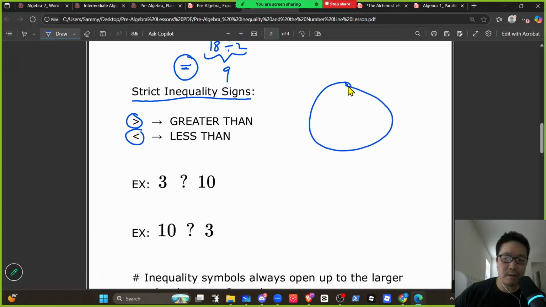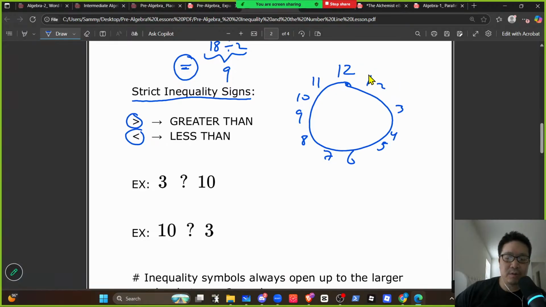Not the digital clock on your watch or your phone, but a regular circular clock on the wall. We have 12 o'clock right here. That's where we start. We have 1, 2, 3, 4, 5, 6, 7, 8, 9 o'clock, 10, 11, and we're back at 12.